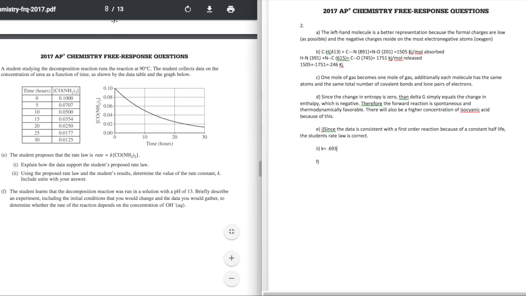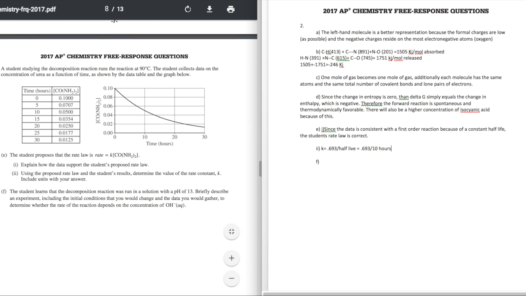All right, so K equals 0.693 over the half-life. The half-life, in this case, is 10 hours. Every 10 hours, half of the concentration disappears. So all we have to do is put K equals 0.693 divided by 10 hours.